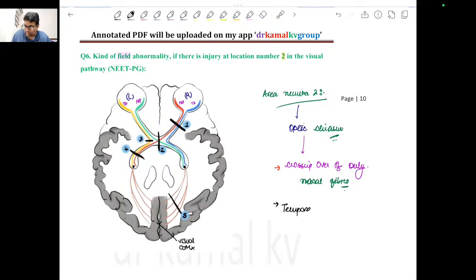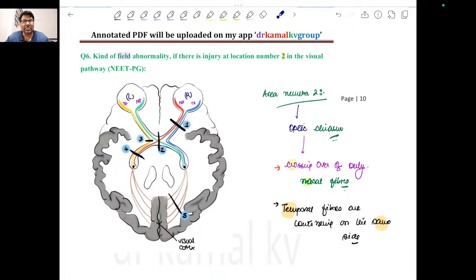Temporal fibers are continuing on the same side. Clear? So if I show you, this is the temporal fiber of left eye, it is continuing on the left side. This is the temporal fiber of the right eye, it is continuing on the right side. So the temporal fibers continue on the same side, whereas the nasal fibers cross over to other side. And the point of crossing is known as optic chiasma.